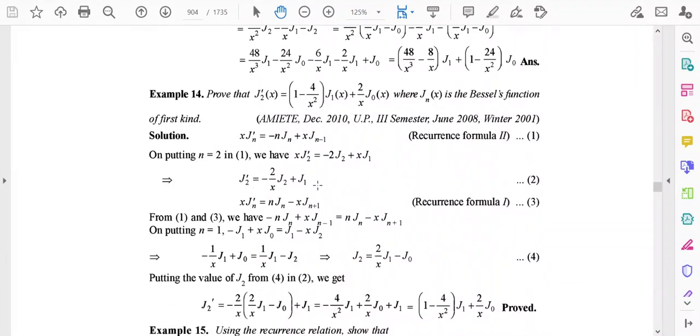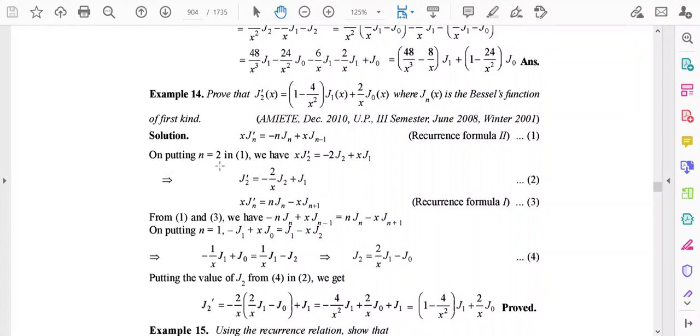Another example: suppose we have to show that J2'(x) = (1 - 4/x²) J1(x) + (2/x) J0(x). How to show that? We use recurrence formula 2: x Jn' = -n Jn + x Jn-1.